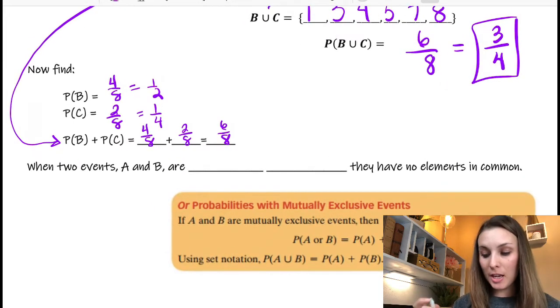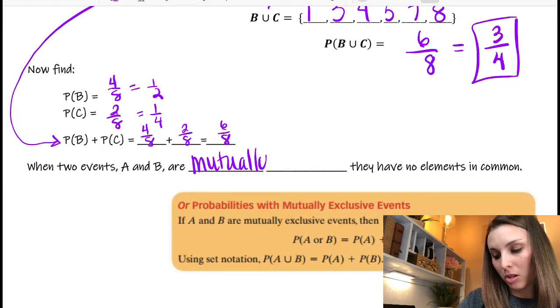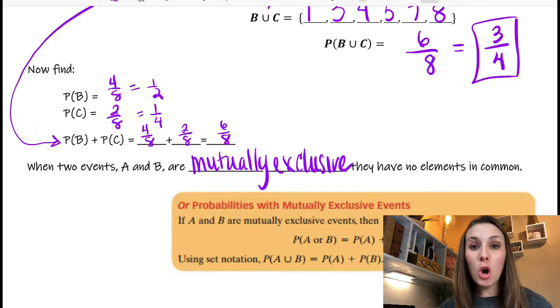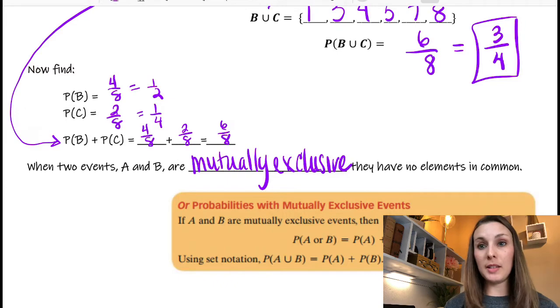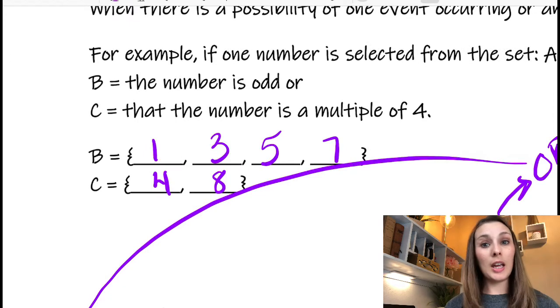All right. When two events A and B are, this is a new word, mutually exclusive, they have no elements in common. Mutually exclusive means they have nothing in common. If we look at the two sets up here, B and C, and look at every element, the two sets have no elements in common, so those two sets would be mutually exclusive.